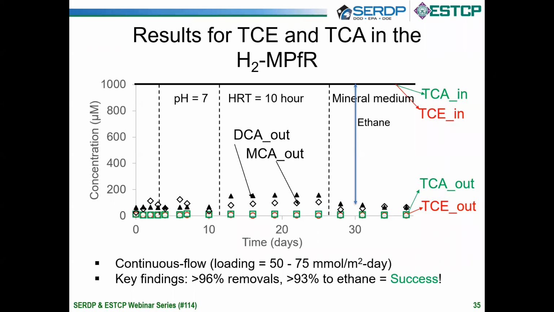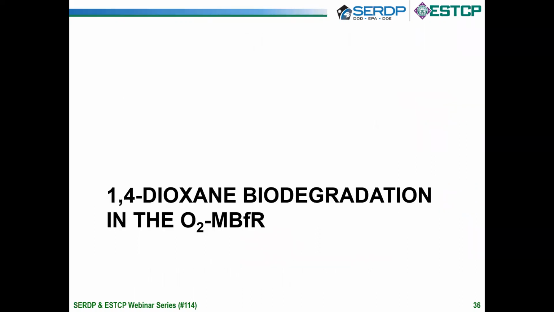So we had almost 100% removal of TCA and TCE. We had small amounts of dichloroethane and monochloroethane in the effluent, but not very much. We had 93% conversion of TCA and TCE to ethane. That is really a huge success, and we're very, very happy about that. Okay, so in parallel with running these tests with the hydrogen-based MBfR, we also did dioxane in the oxygen-based MBfR.